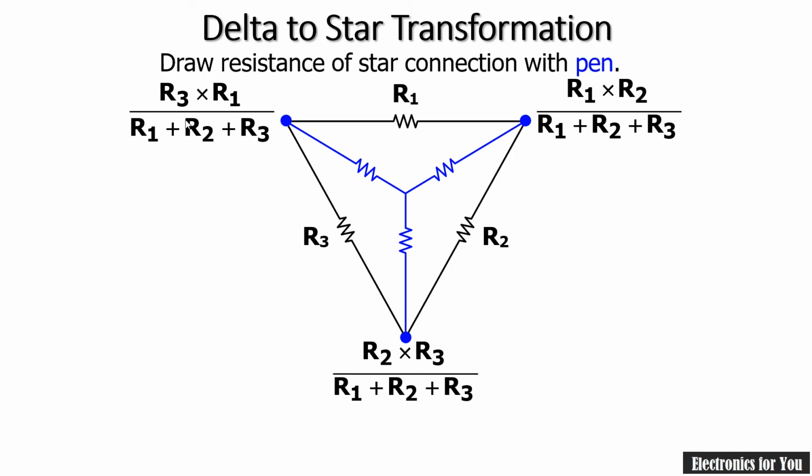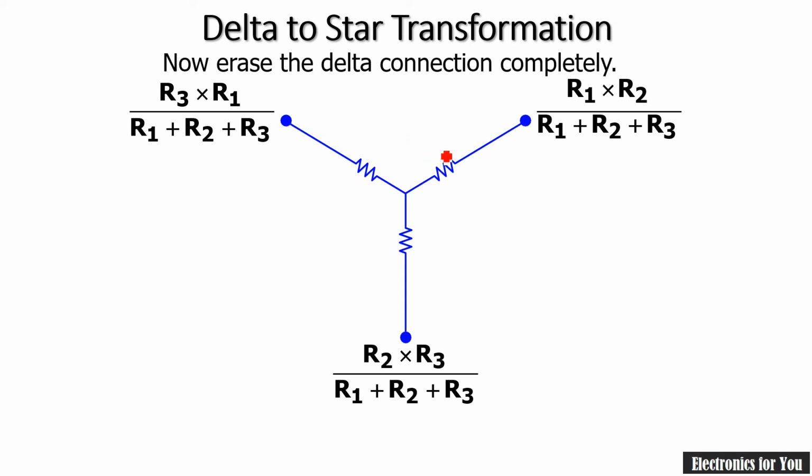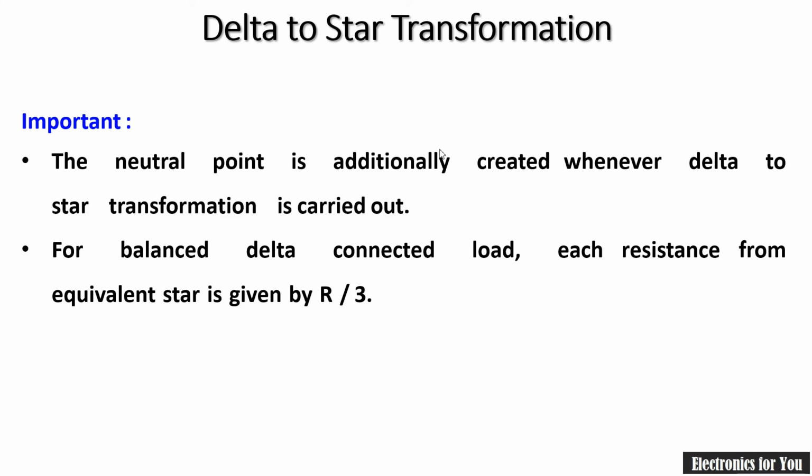So this was the connection, and now erasing the pencil work we will get a connection like this. Now important points to be remembered here: the neutral point is added, okay, and the balanced delta to star connection will be like this. This is R by 3.